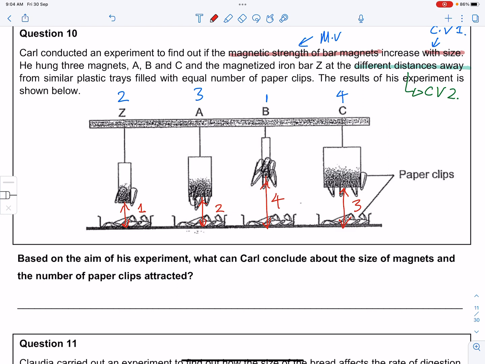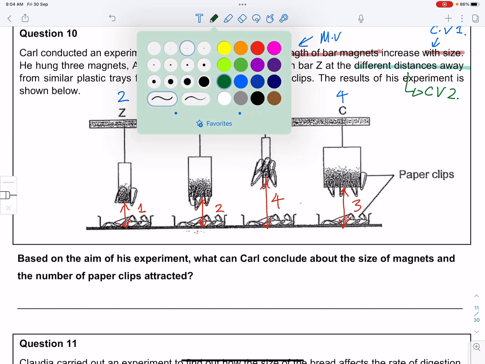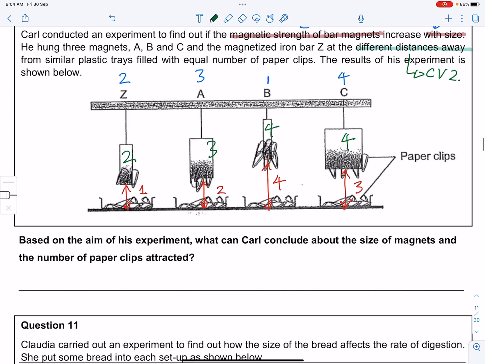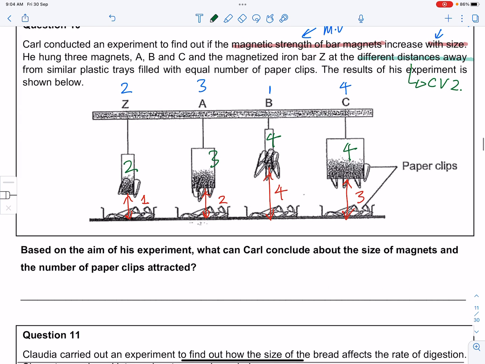So in this case, we see how many paper clips is being magnetized. So this is 2. This is actually 3. This is 4. And this is 4. So based on this, are you able to make any conclusion?